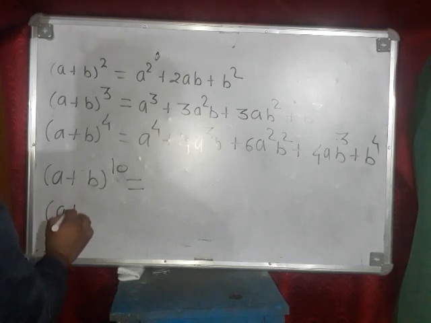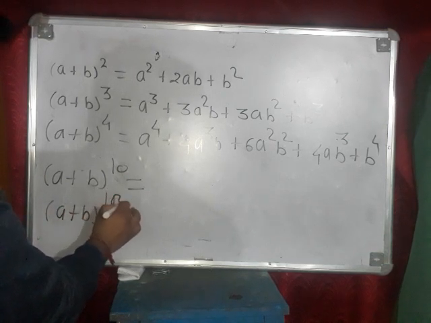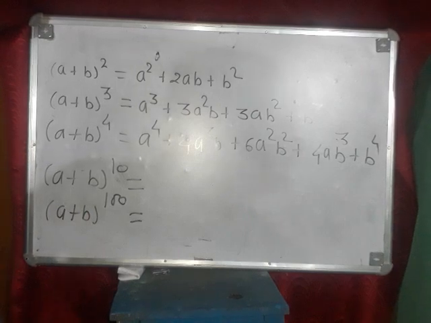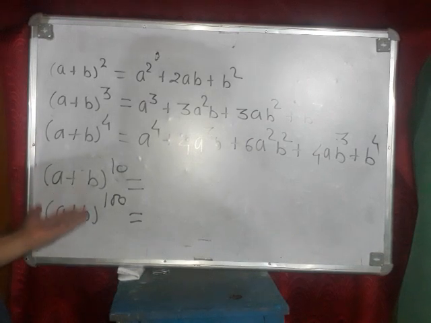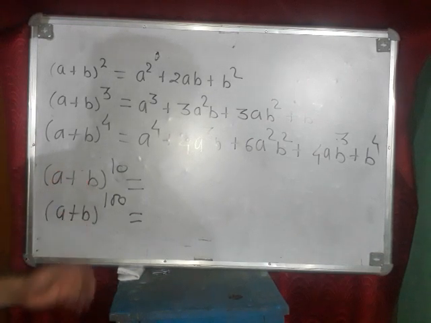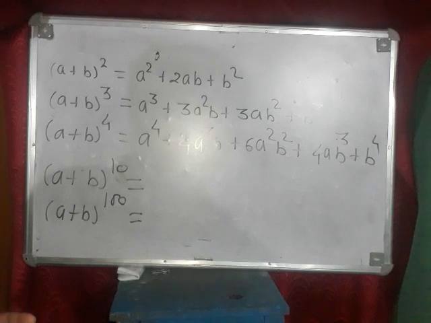A plus b whole to the power 100 is also tough. For opening such expansions, we require the original formula, and that is called the binomial theorem.